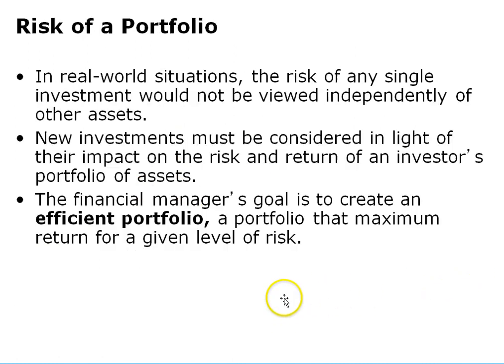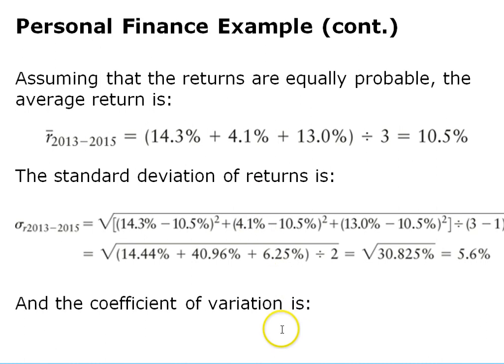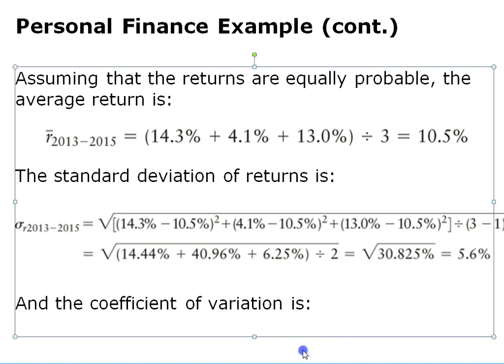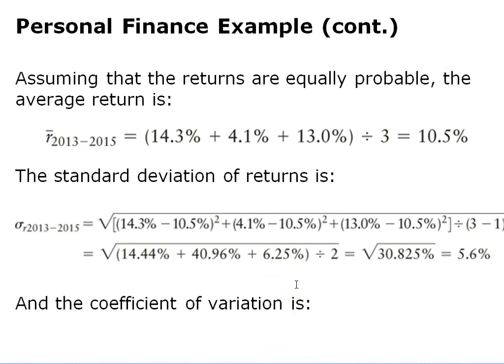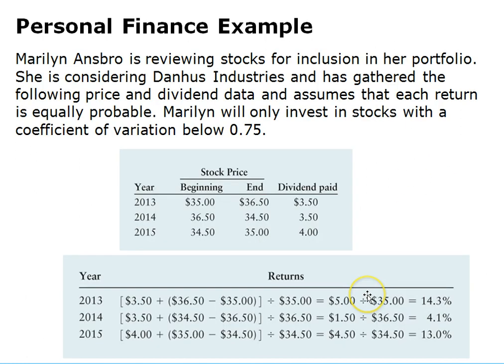And the coefficient of variation would be that 5.6 divided by the 10.5. It's just not written here. Because we would take the standard deviation divided by the average return to get an idea.